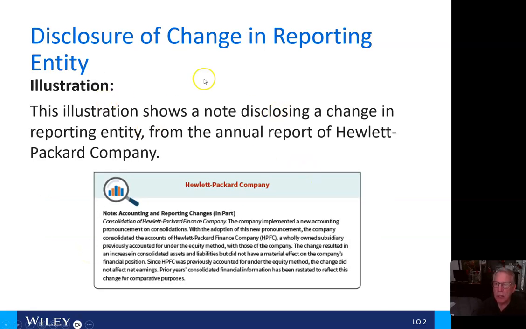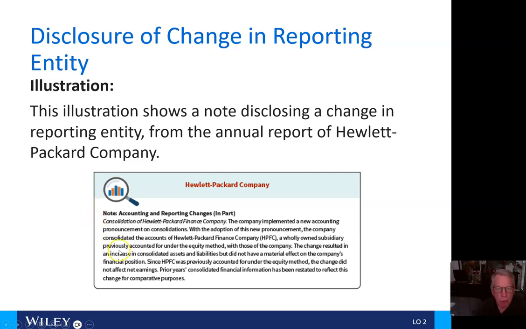Okay, let's take a look at an illustration. This illustration shows a note disclosing a change in a reporting entity from the annual report of Hewlett-Packard Company. And here, Hewlett-Packard says they've implemented a new accounting pronouncement on consolidations.